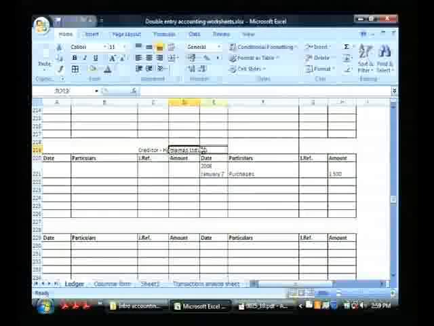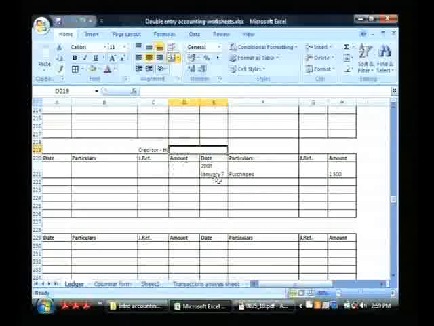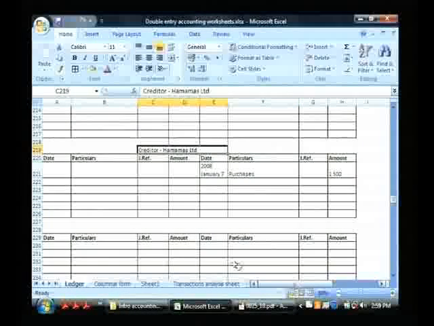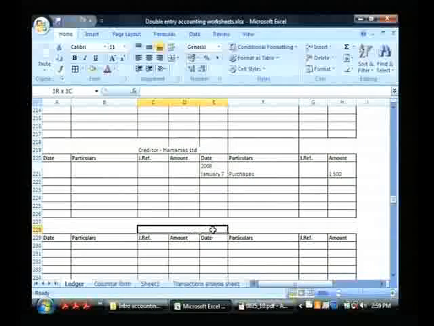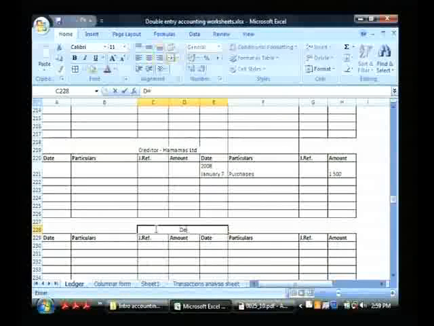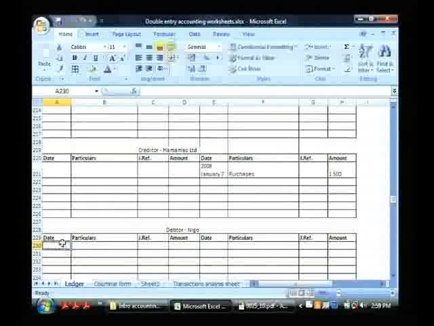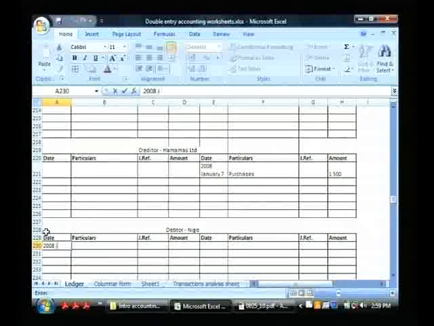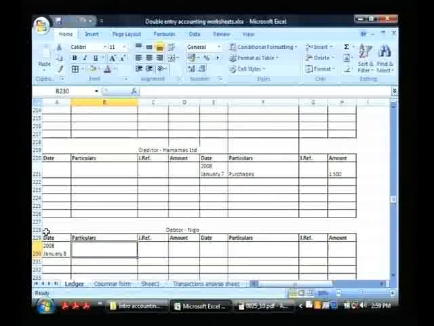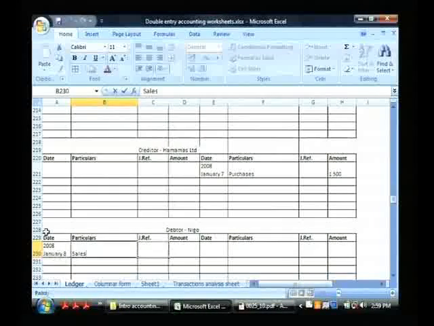8th, credit sales. For credit sales, we need one account for the debtor, debtor Nego debit, January 8, sales credit.